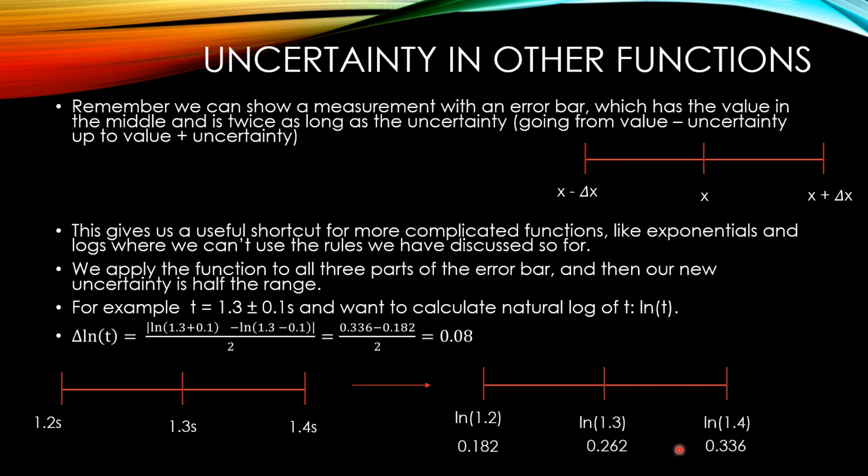So here we've got a range, and we know that we can express an uncertainty as a half a range, as an estimate. So here it is. The uncertainty in log of t is the maximum value minus the minimum value over 2. So in this case, rounded to 1 sig fig, 0.08.